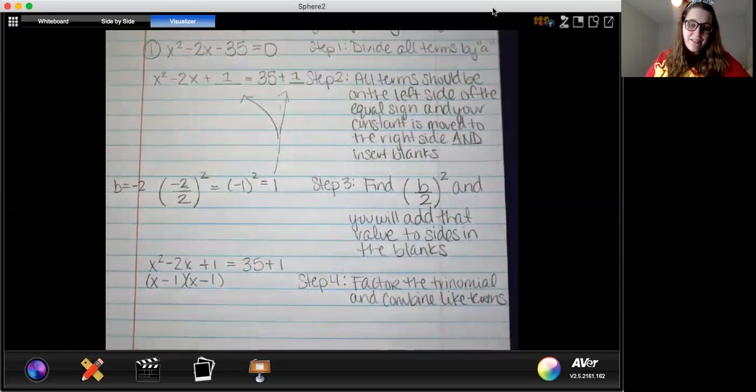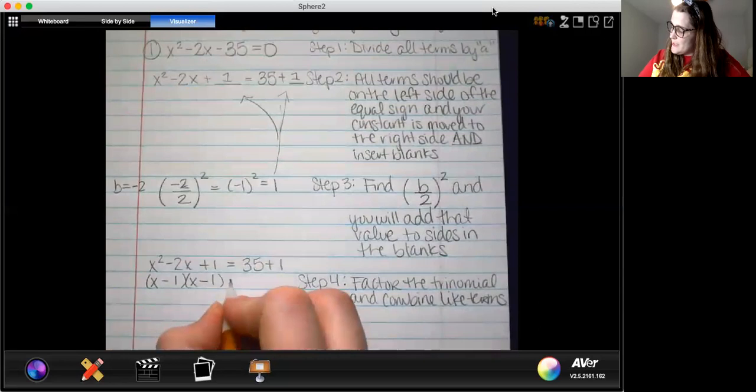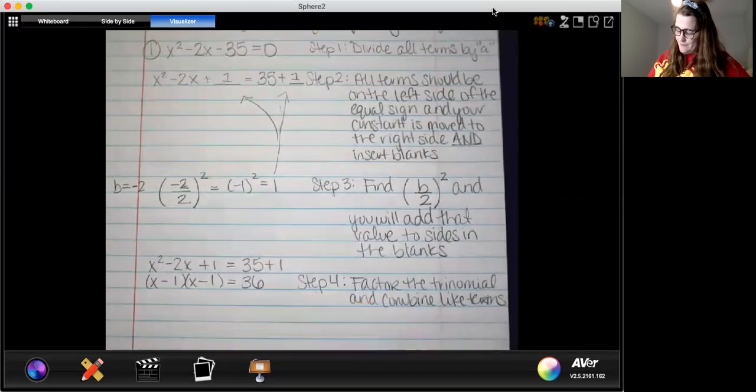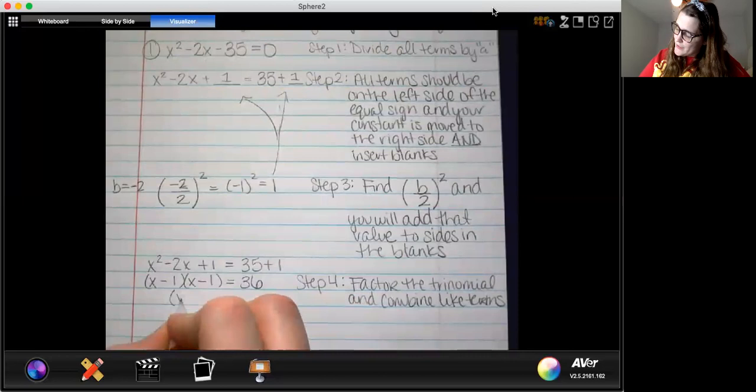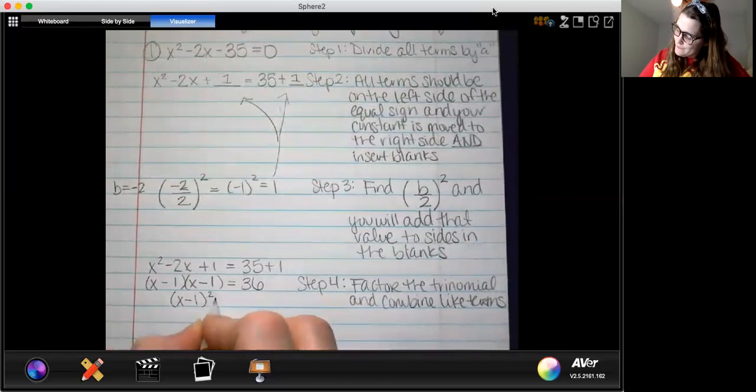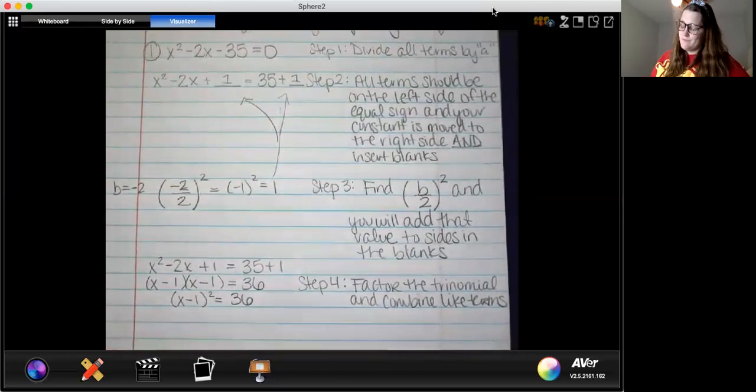It ended up being the same thing. Over here, we're going to combine like terms, and we get 36. Now, to make this simpler for the next step, because it's the same quantity, we're going to write it as a quantity squared, like such. Now we're ready for step 5.